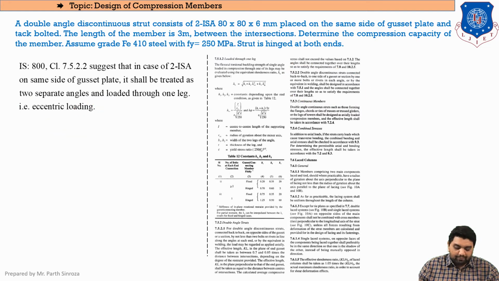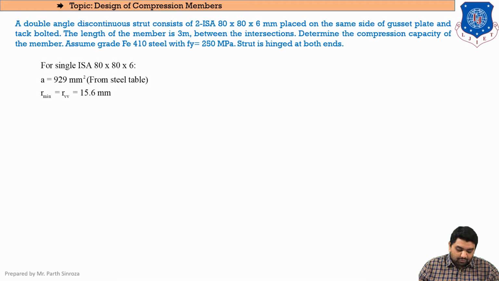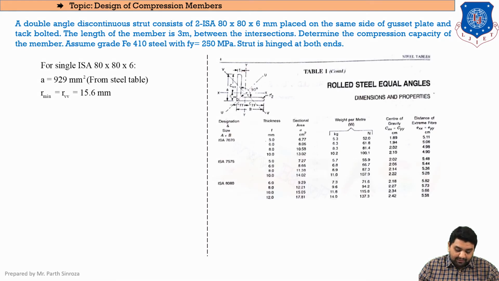Now moving ahead, the next step will be to calculate the values of our area, which will be taken from the steel table. As you can see, we will be focusing on single angle sections. Don't move on to the steel table page for double angle sections, as we are dealing with single angle steel, though it is given as a double angle strut. We will be focusing on page number 4.